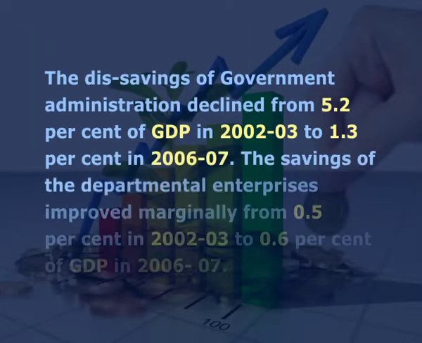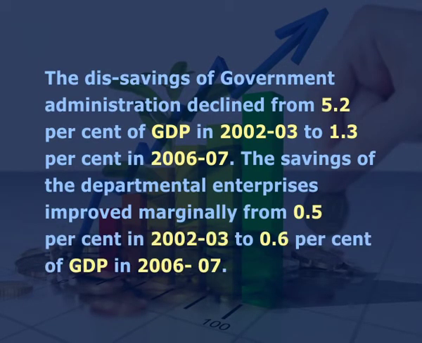The entire increase in tax revenues was mainly on account of direct taxes. The dis-savings of government administration declined from 5.2% of GDP in 2002-2003 to 1.3% in 2006-2007. The savings of the departmental enterprises improved marginally from 0.5% in 2002-2003 to 0.6% of GDP in 2006-2007.